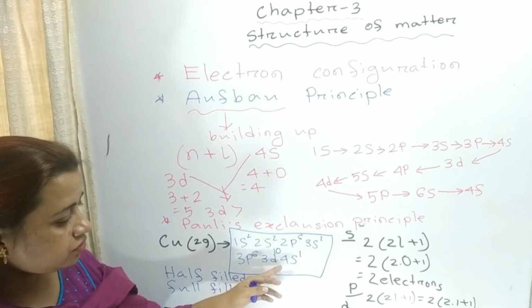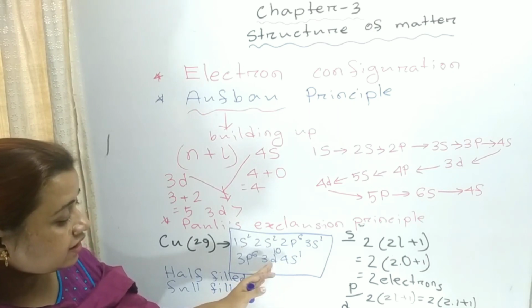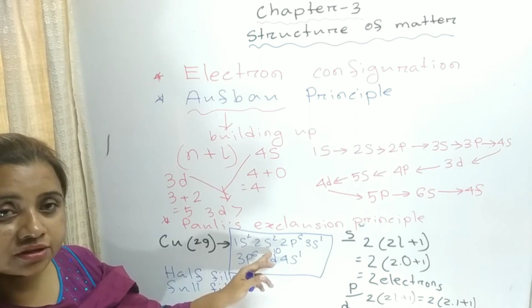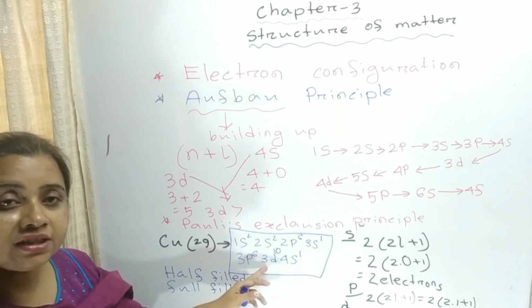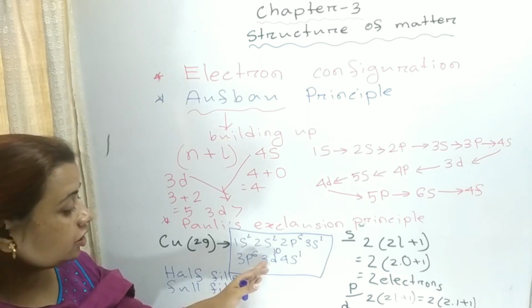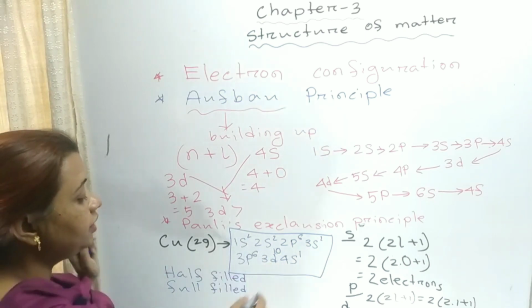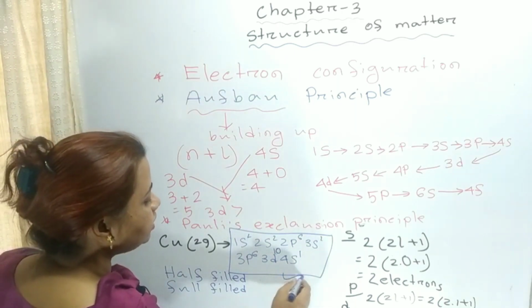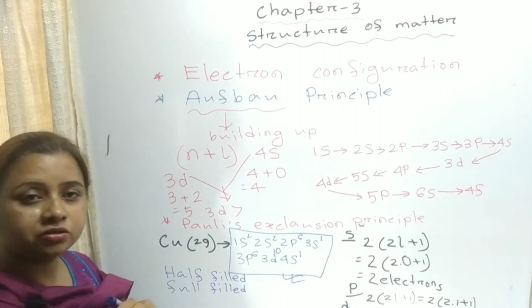So if it takes 1 electron from the s orbital, d gets 10 electrons. In this case it becomes stable. So for getting this stability, the 3d orbital is taking 1 electron from 4s. So this is the correct electron configuration of copper, and it is an exceptional type of electron configuration.